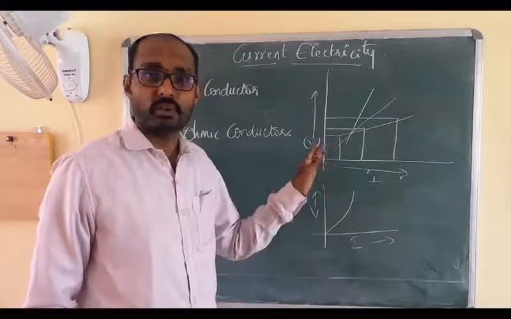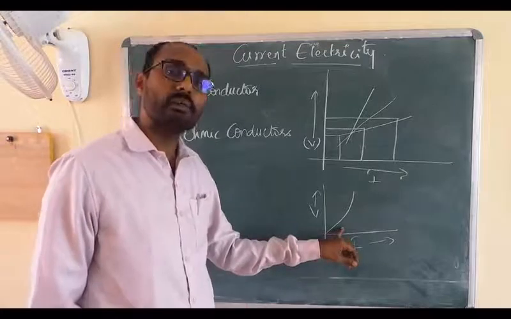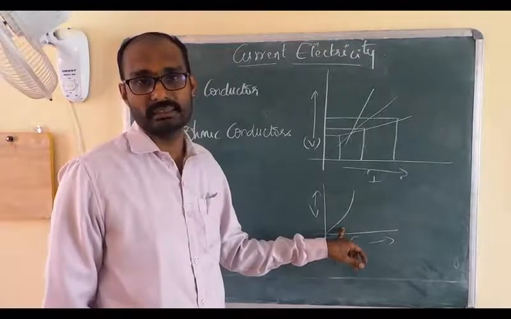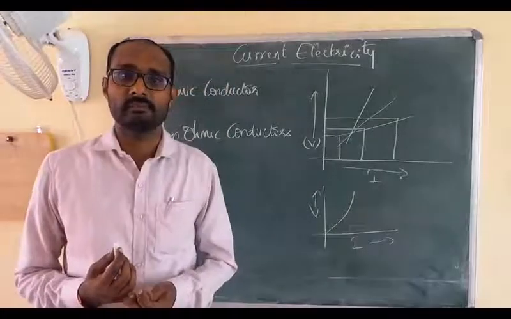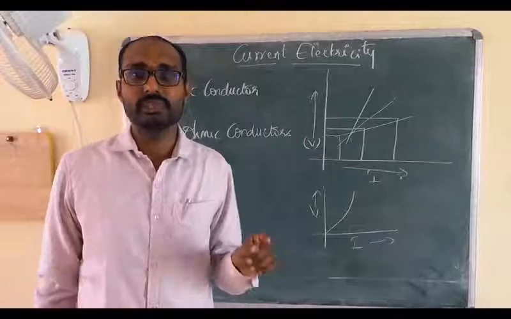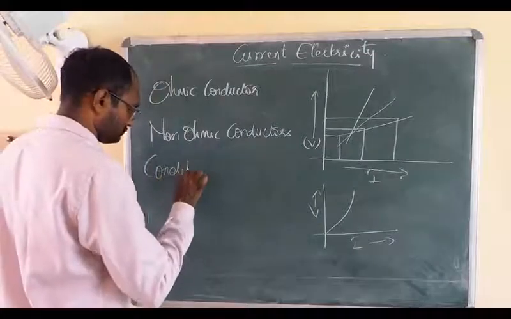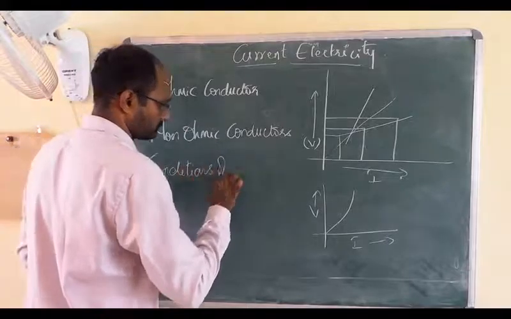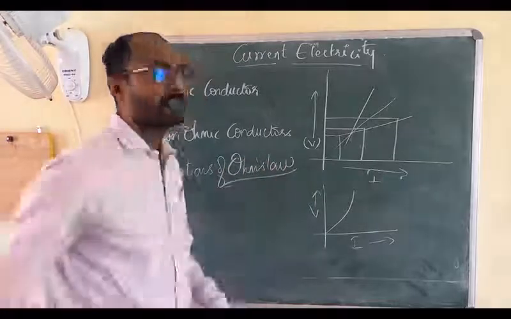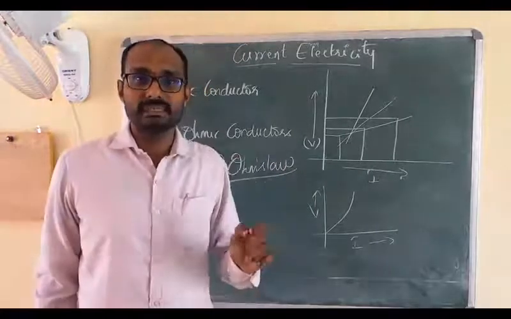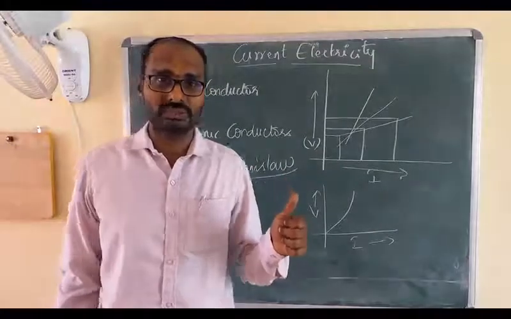Conductors which obey Ohm's law are called ohmic conductors, and conductors which do not obey Ohm's law are called non-ohmic conductors. Now, when does a conductor behave like a non-ohmic conductor? For this, we need to look into the conditions of Ohm's law. Ohm's law is applicable only if the temperature is constant.